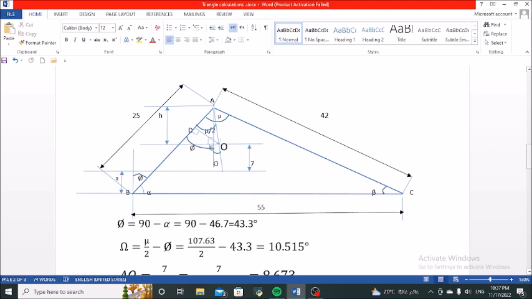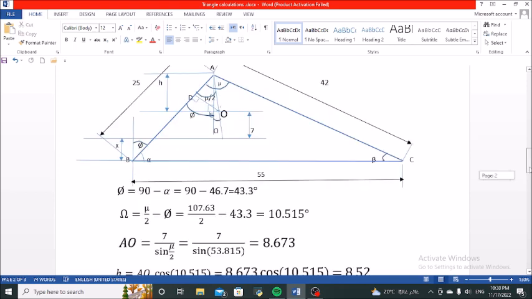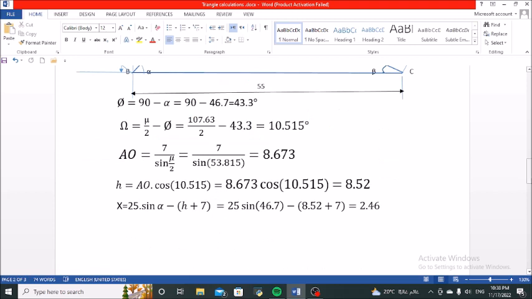H equals AE. So finally we are about to reach what we want. What is X equal to? X is equal to the whole perpendicular distance from A to the base of the triangle, which is 25 sine alpha, minus H plus 7.